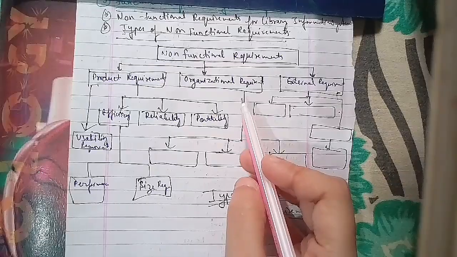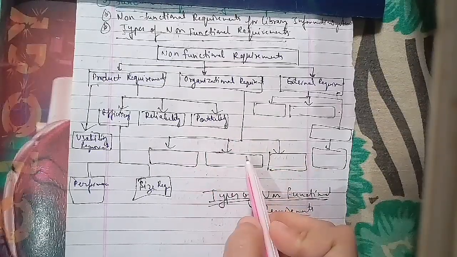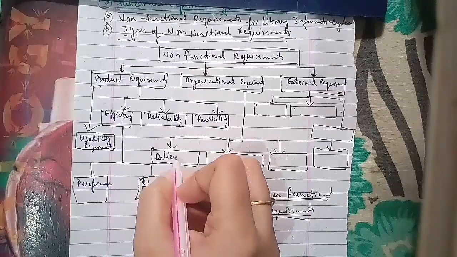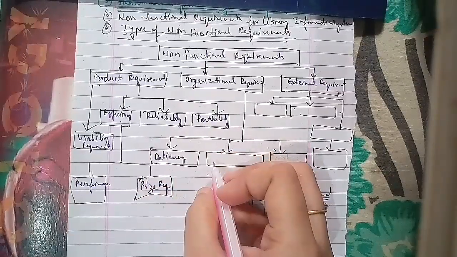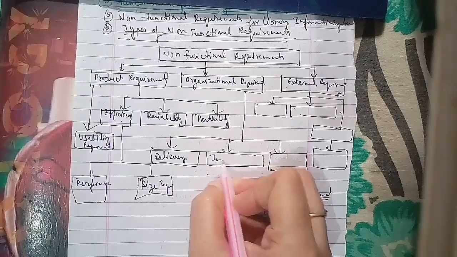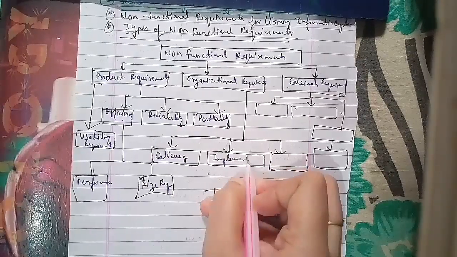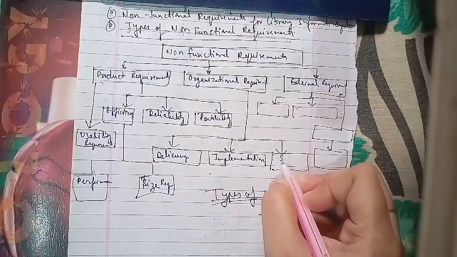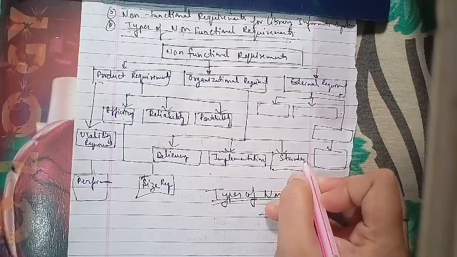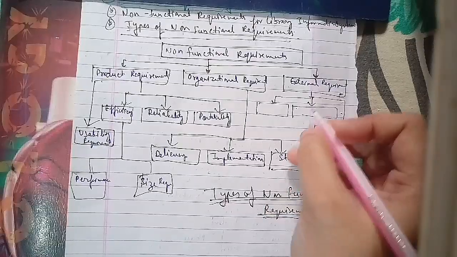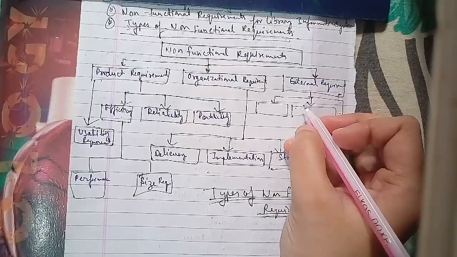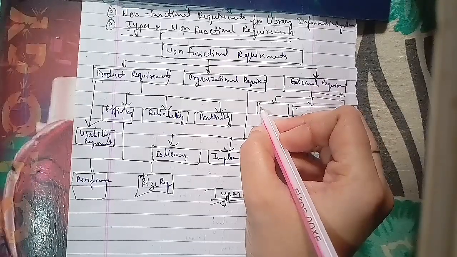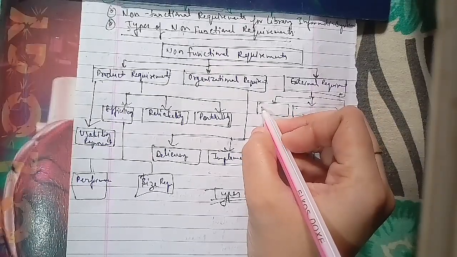In terms of the external requirement, this has been first divided into interoperability, the second we have is your ethical requirement, and the third we have is your legislative requirement.